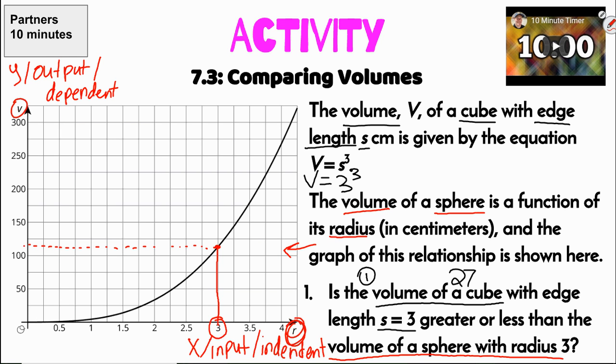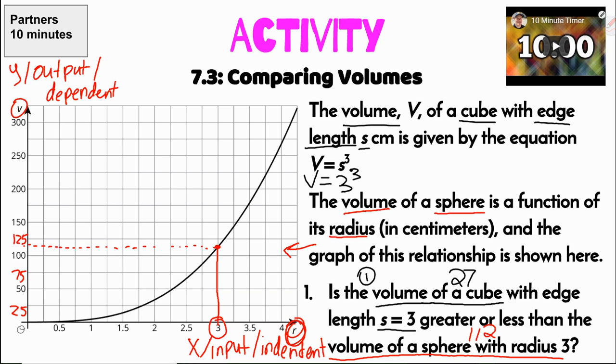So if you look at the way our graph is scaled, it starts at 0, then 25, and we're talking about the volume axis, the y-axis. 25, 50, 75, 100, 125. So it looks like the volume is somewhere between 100 and 125. I'm going to go ahead and make a guess of 112.